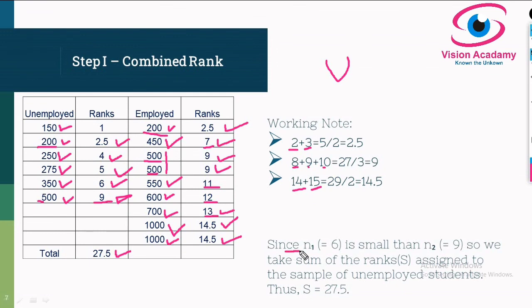So here n1 is 6, and n2 is 9. So we take the sum of the ranks assigned to the sample, which is 27.5. One more thing you have to clear here.